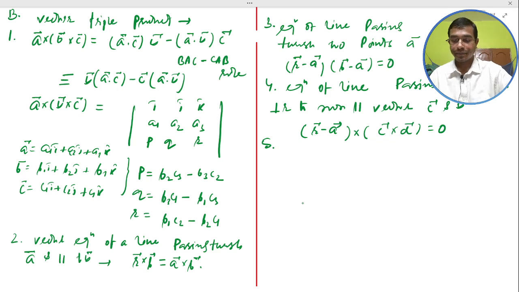Number 5. Equation of plane passing through the vectors A, B and C. This is very important.